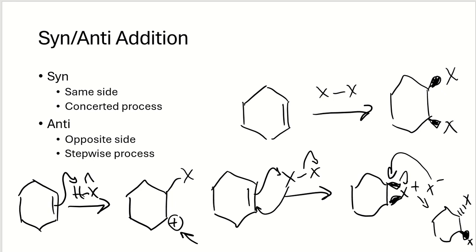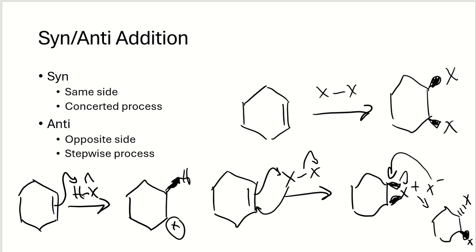The carbocation is planar, and regardless of how the hydrogen added first, if it added as a wedge, the X could add as a wedge as well or a dash, because this carbon right here is a planar sp2 carbon, and we cannot control where the next thing adds.